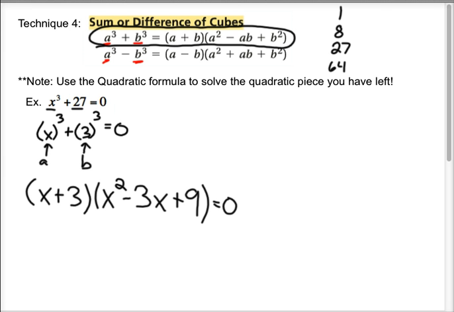So the dilemma that leaves us is here, when we take this, we have our solution of x equals negative 3, which is awesome. But we also have another problem. We have this that we also have to solve for 0. Now, if factoring won't work on this quadratic, what do you think that means?